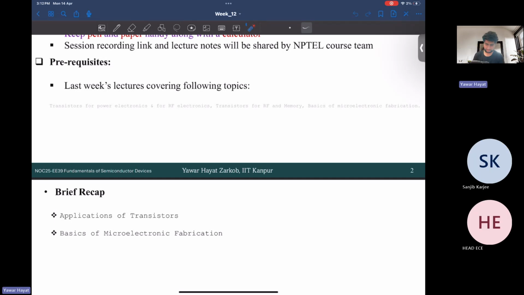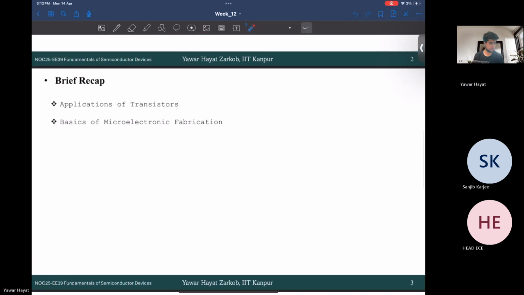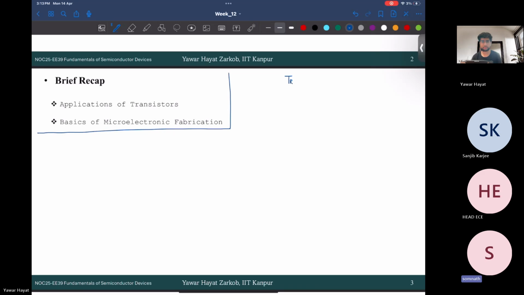Now, a brief recap. Transistors, various applications.